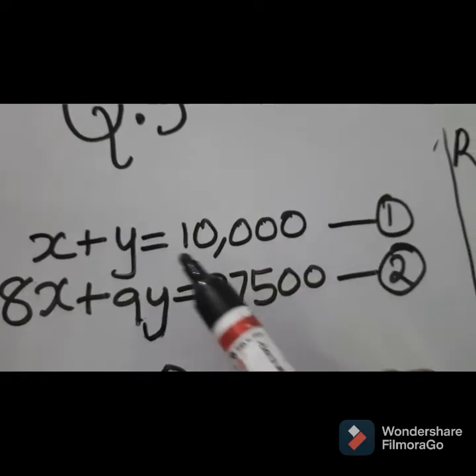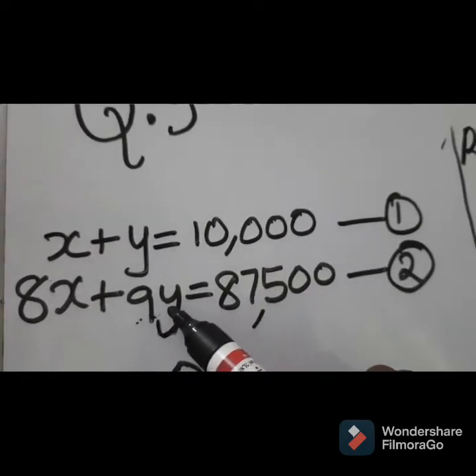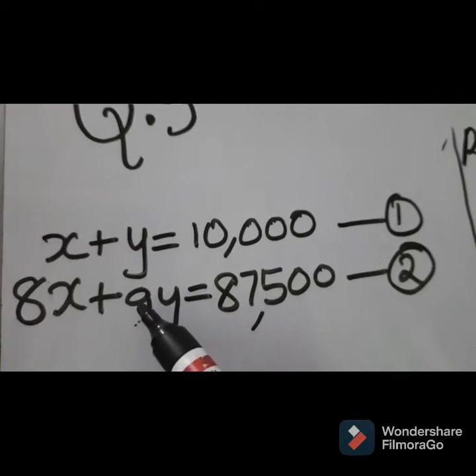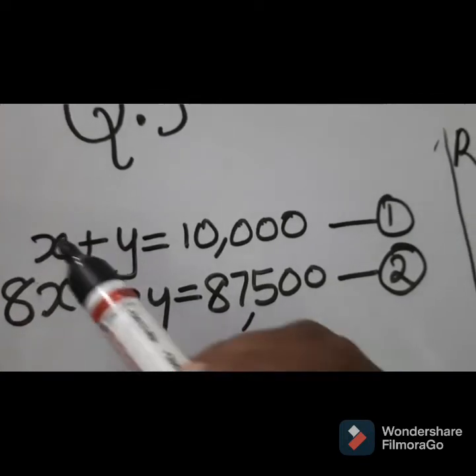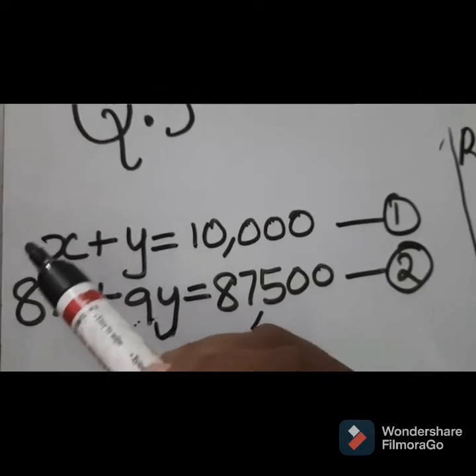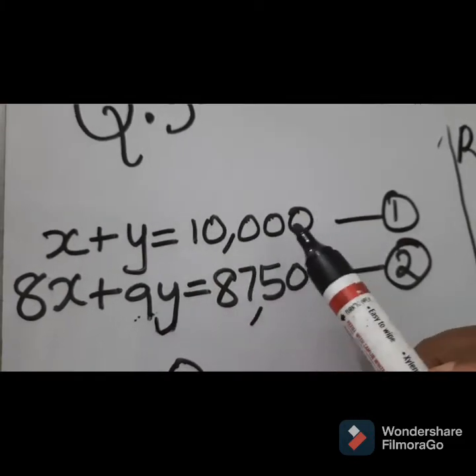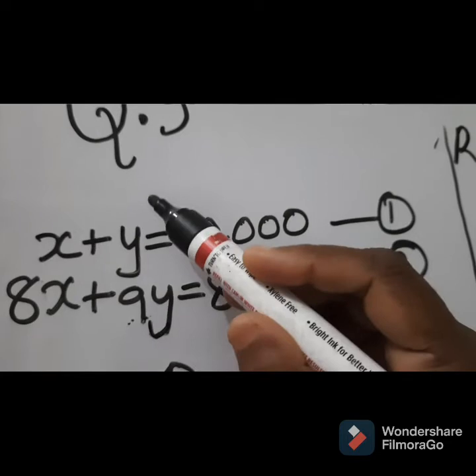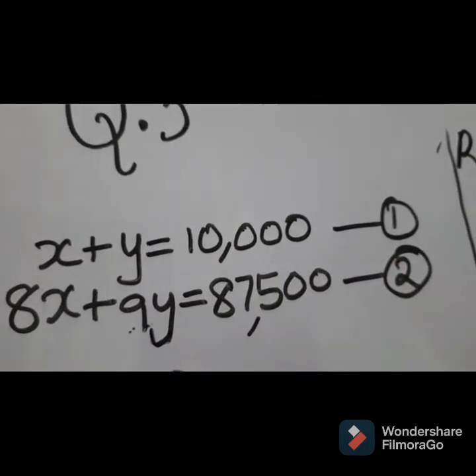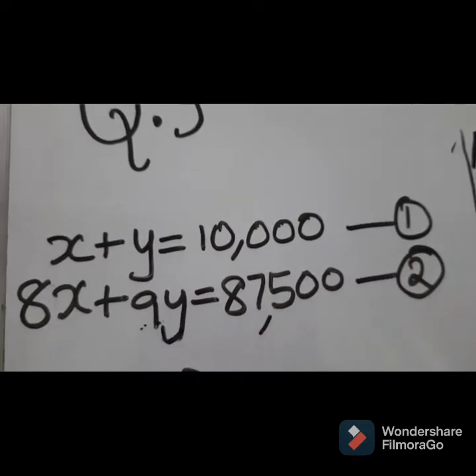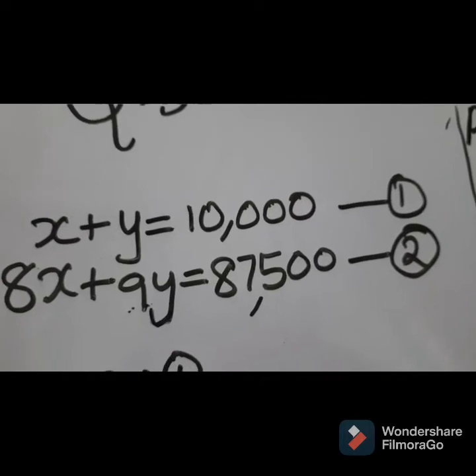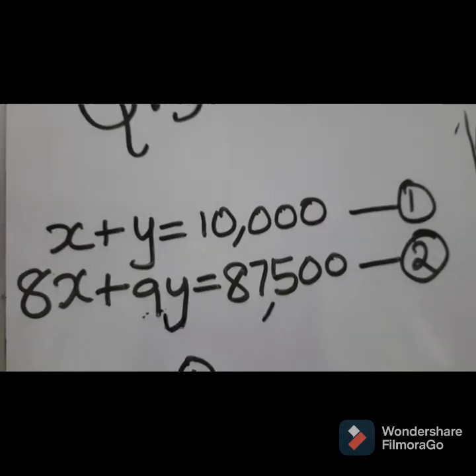Otherwise we can use this coefficient, the Y term. So this 9 we multiply, what will happen? This is 9X, here 9Y, then 90,000. So 9Y, 9Y you can cancel by subtracting. This is the method we can follow. So we will get one single term.